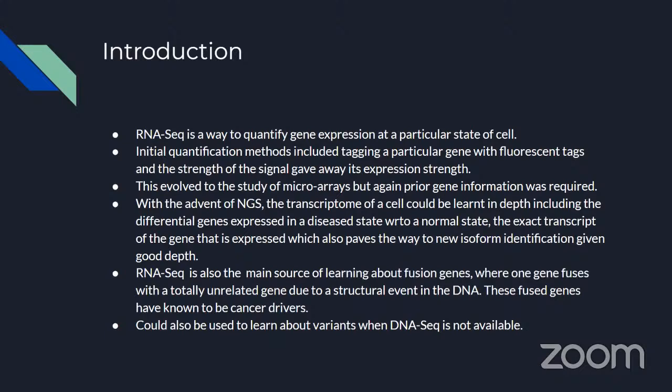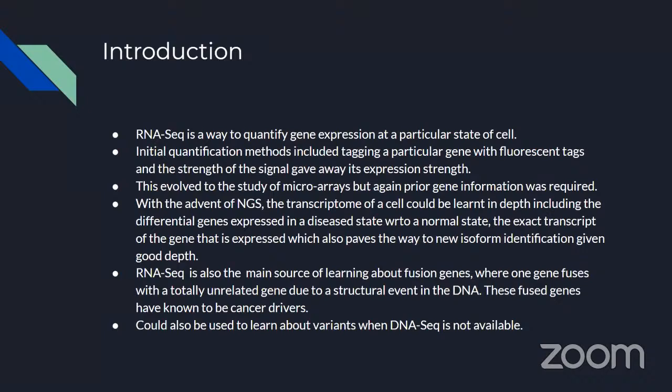And in case you don't have DNA material available, for example, you lost the sample and you want to do a variant analysis, RNA-seq could actually be a very good source for variant analysis.